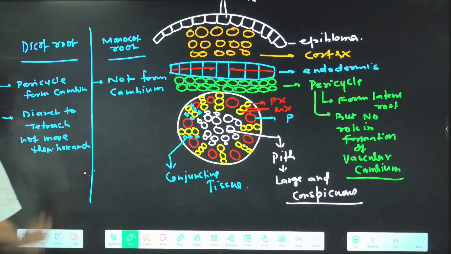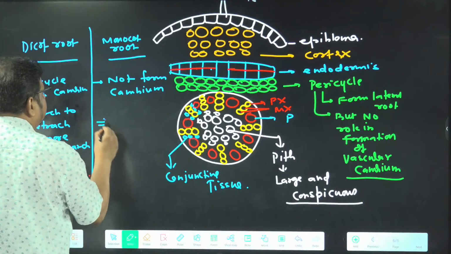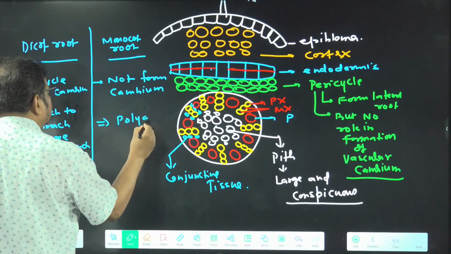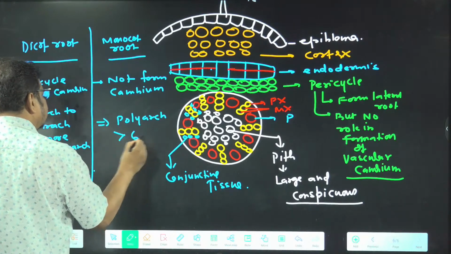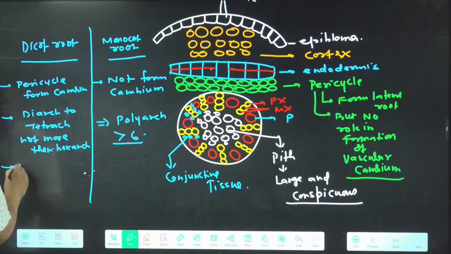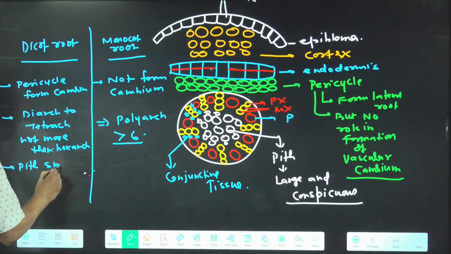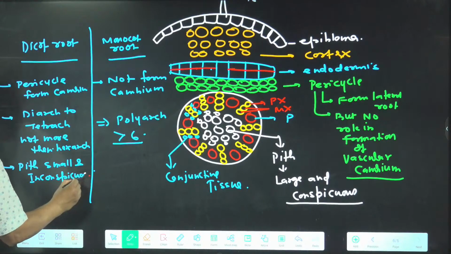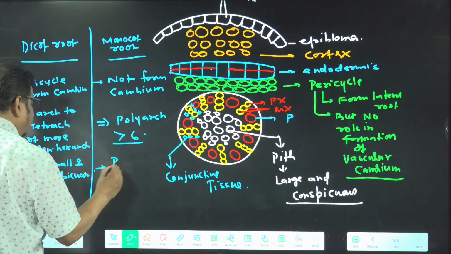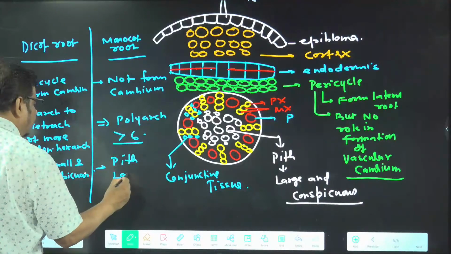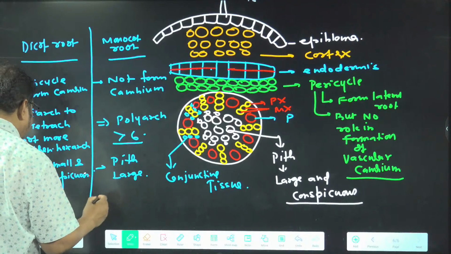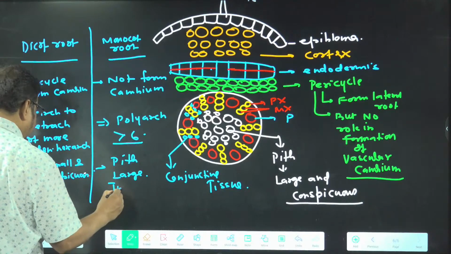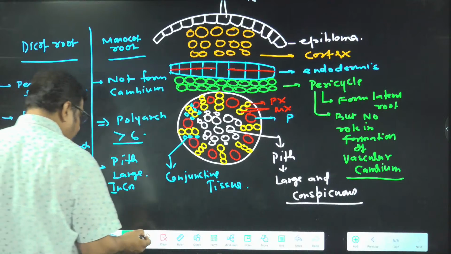The number of vascular tissues does not exceed 6. Here it is polyarch, that is more than 6. Pith is small and inconspicuous in dicot. Here pith is large and conspicuous. Conspicuous means well developed, visible.